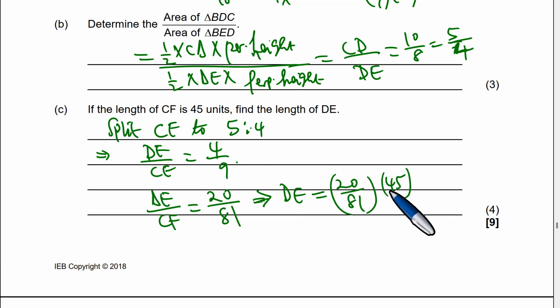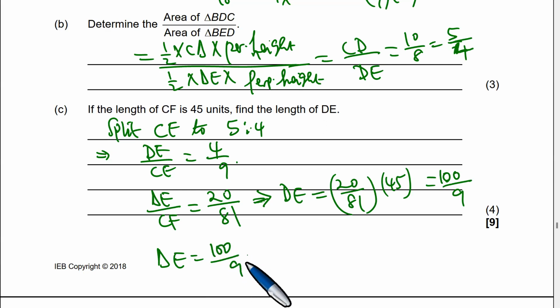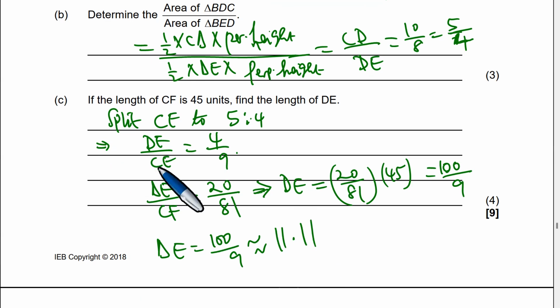We have 9 going 5 times into 45, so 5 times 20 is 100. 100 out of 9. So DE itself is 100 out of 9, approximately 11.11. Try to digest that, but using proportionality, you'll get that.